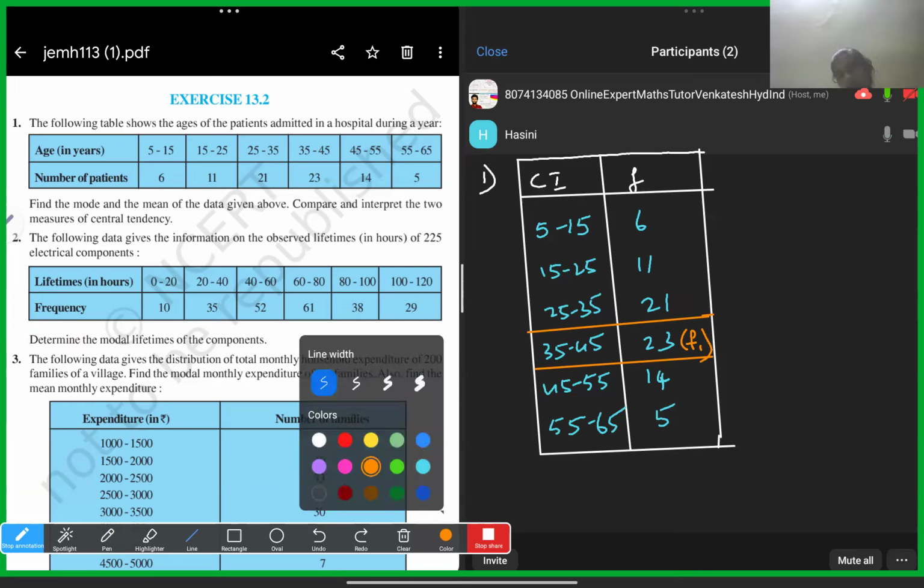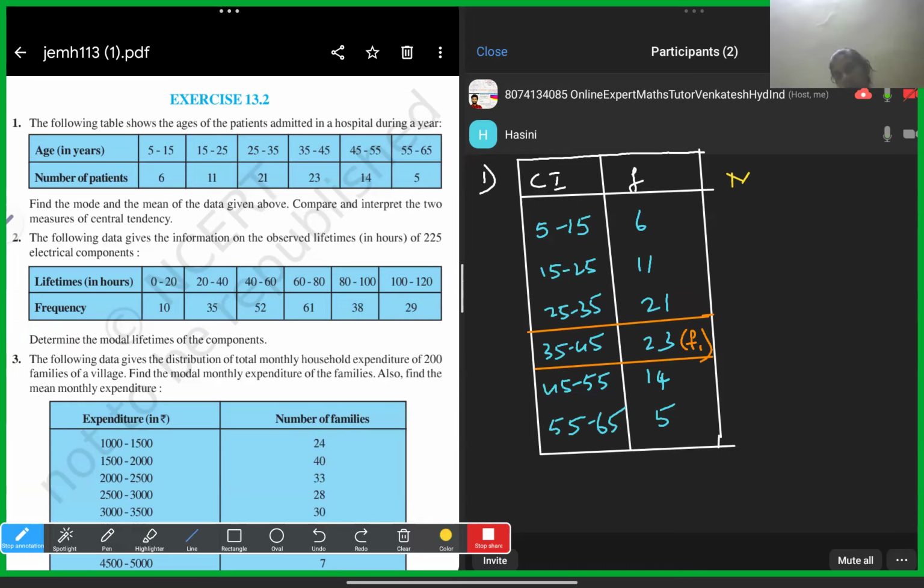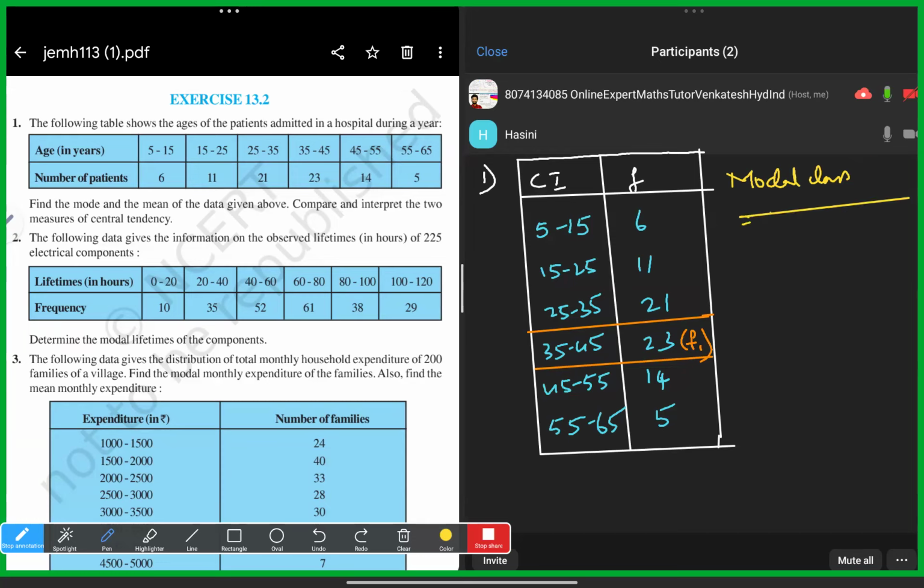So the modal class for this sum is 35 to 45. What is the advantage of the modal class? Our answer, the mode value, will be in between this only. If we want, we can check later.